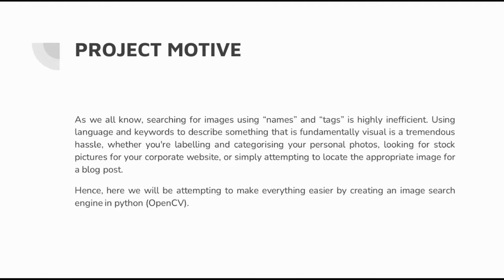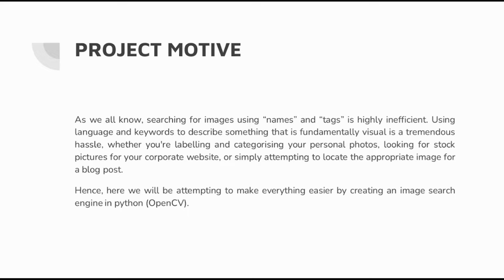Whether we are labeling and categorizing our personal photos, looking for stock pictures for a corporate website, or simply attempting to locate the appropriate image for a blog post, we need something which can easily identify the features present in a query image and give us the most similar images present in a database.